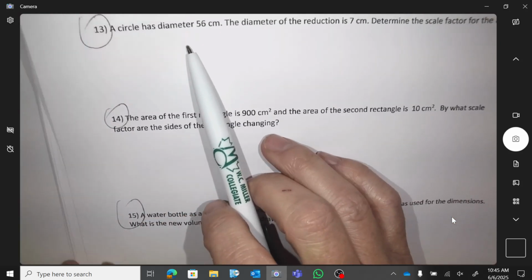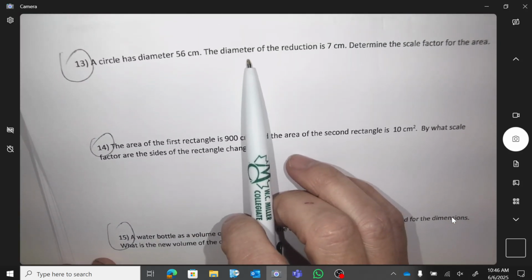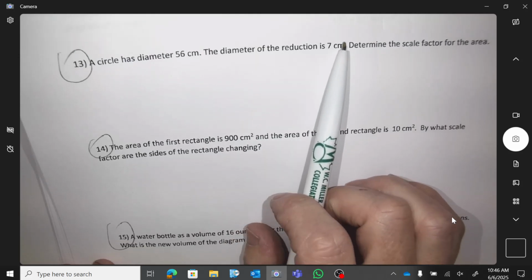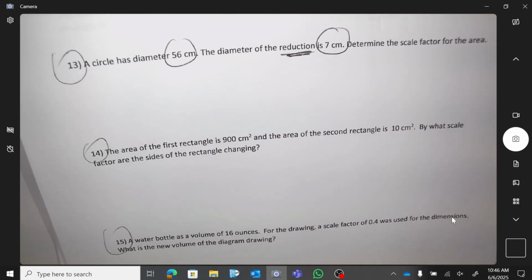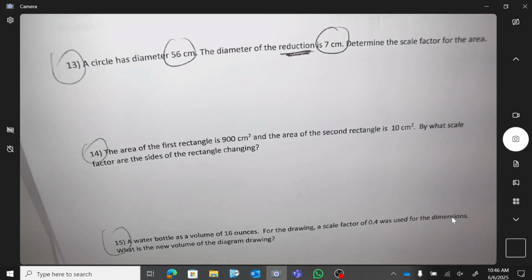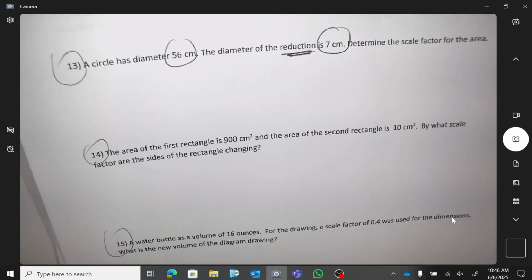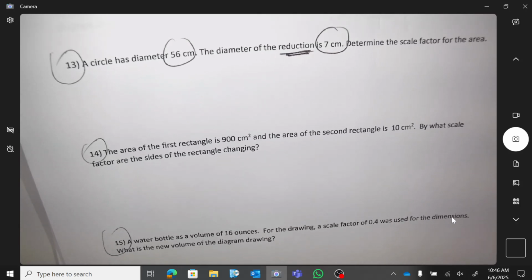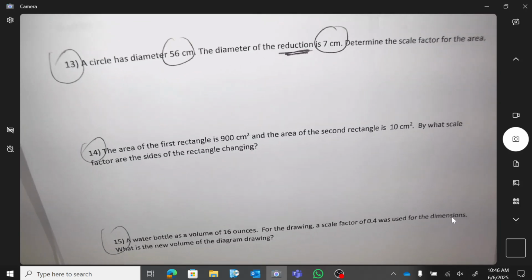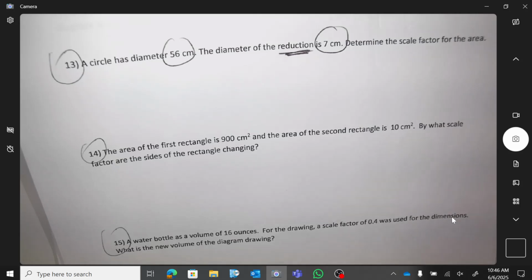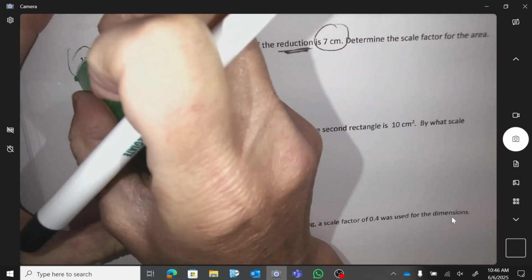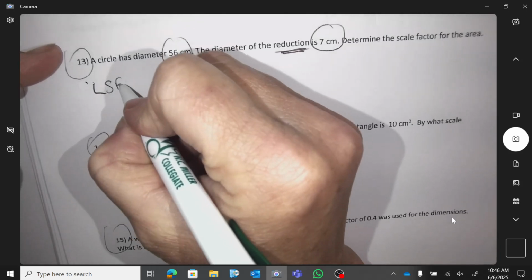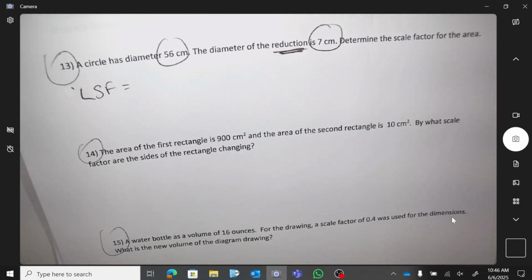Okay, so a circle had a diameter of 56, and then it was reduced to be 7. So what do I know about my linear scale factor that represents that this object got reduced?